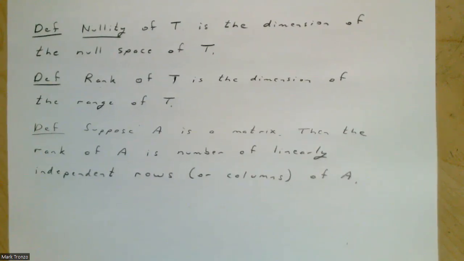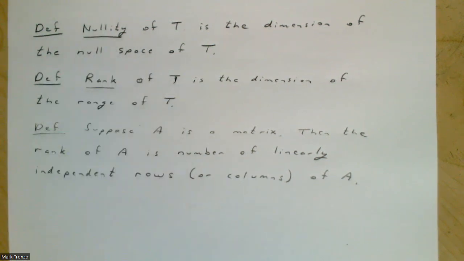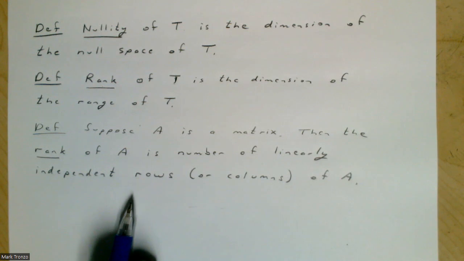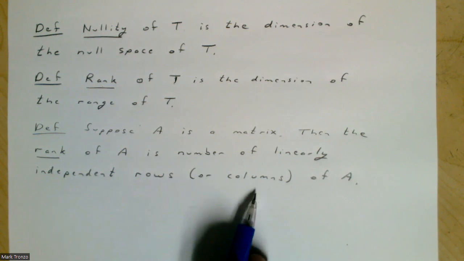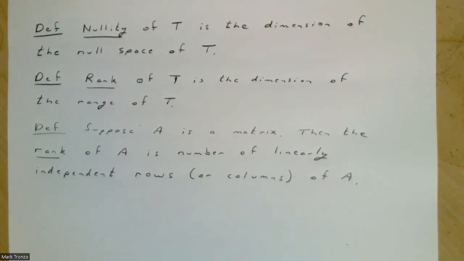We'll see how they're connected in a minute. So the rank of a linear transformation is the dimension of the range of that linear transformation, but also the rank of a matrix is the number of linearly independent rows or columns. There always will be the same for A.